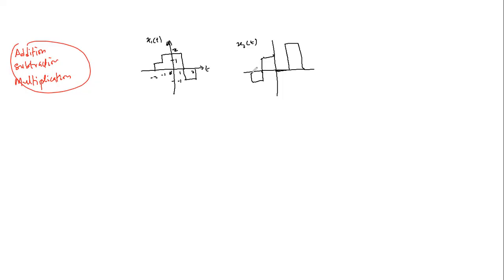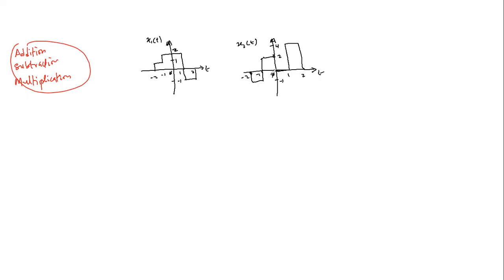Then let's assume this is -2, -1, 0. Let's assume this is 1, this is 2 in the time scale. Then this is S2 of t. So let's assume this is 4. Then this is 2. This is -1.